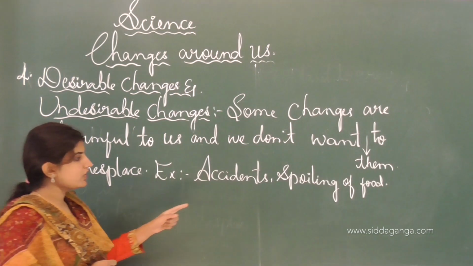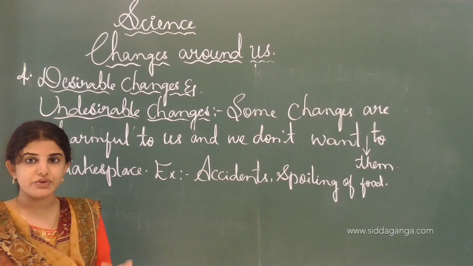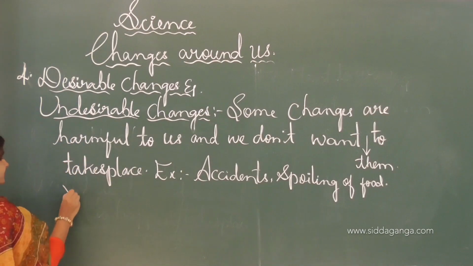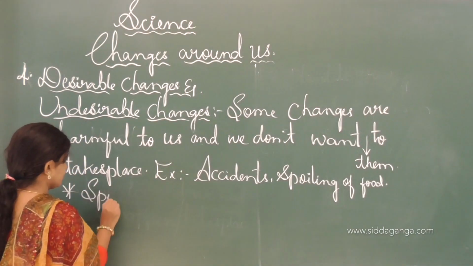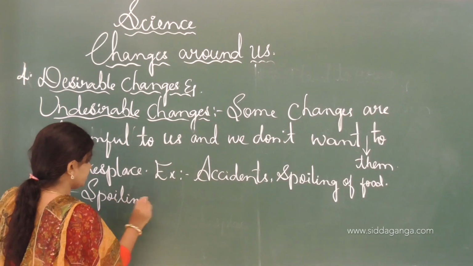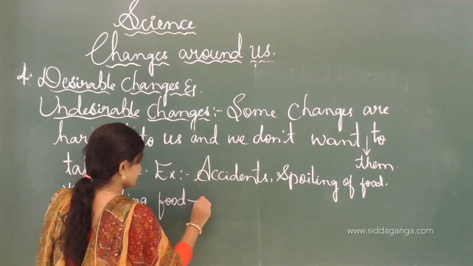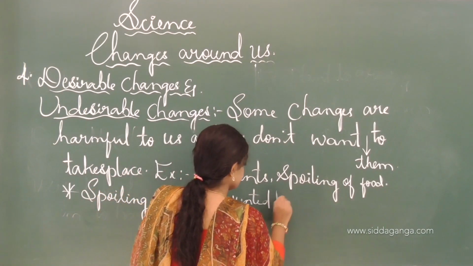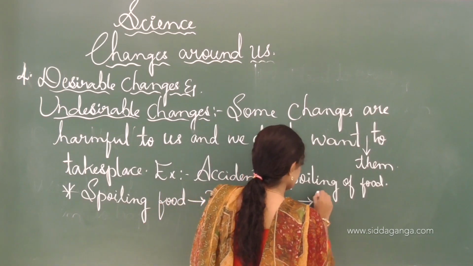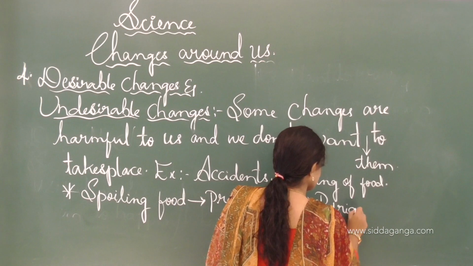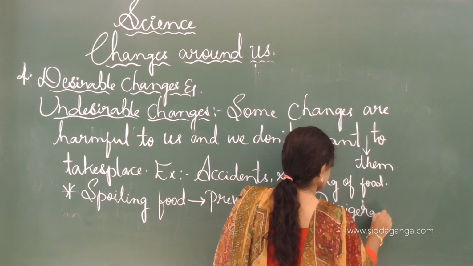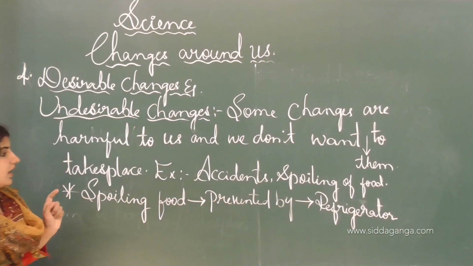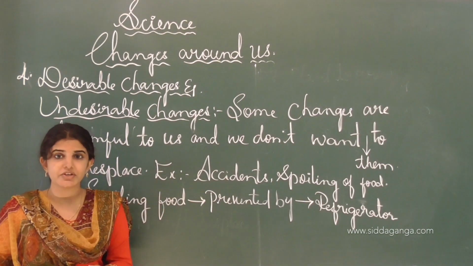As I told, spoiling of the food can be controlled or prevented by keeping the food items in the refrigerator. An undesirable change we can convert into a desirable one.